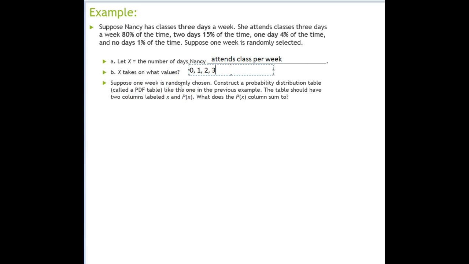Construct a probability distribution table called a PDF table, like the one in the previous example with the babies and moms. The table should have 2 columns labeled X and P of X. What does the P of X column sum to? So let's begin. So we have X and we have P of X.